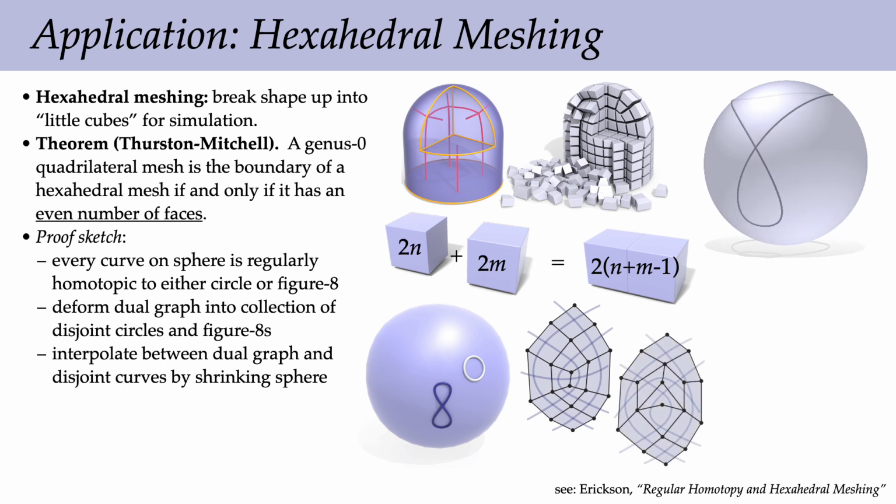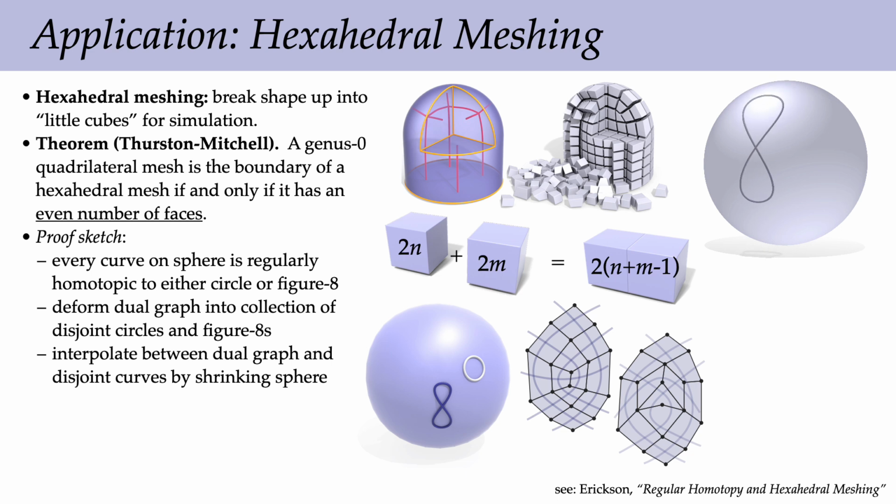Why? Well, generically, these curves intersect pairwise. At each point of intersection, I have a degree 4 vertex in my curve network, and that corresponds to a quadrilateral in my quad mesh. So every time during this regular homotopy that these curves pass each other, I'm defining a new quad mesh on my same spherical surface.